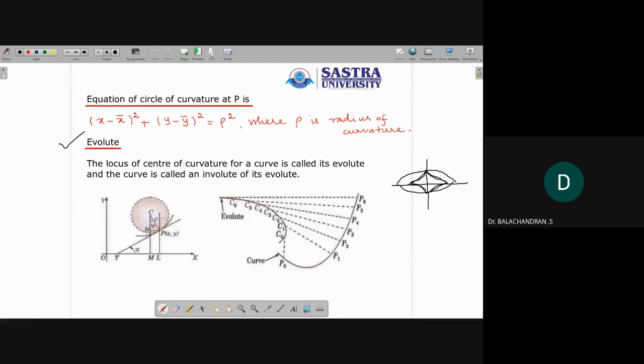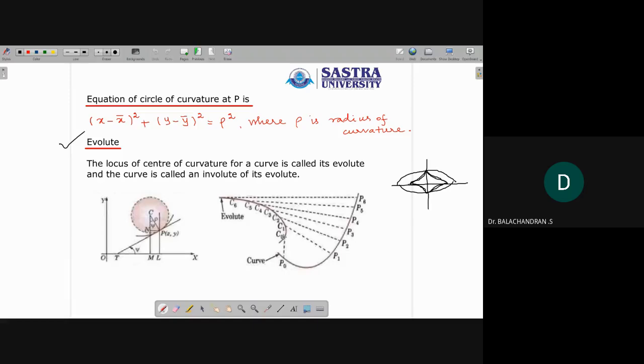Okay. So next section, I'm going to start evolute. Before going to the proper definition, suppose this is the given curve. This is the point P naught.